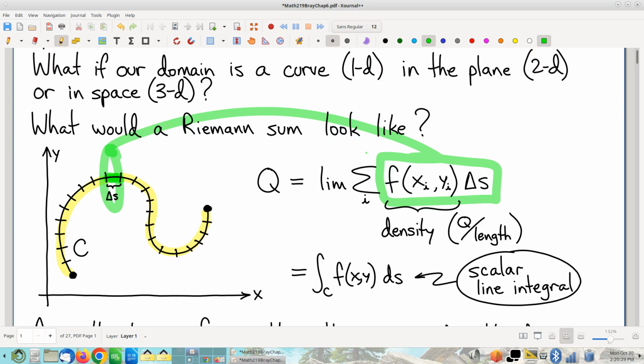Well, it would be mass per unit length times the length, right? Kind of a weird thing to think of mass as being distributed across a curve, right? Instead of mass being distributed across a volume, a three-dimensional region. But it actually makes loads of sense.